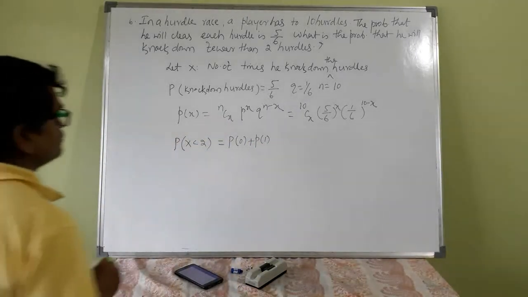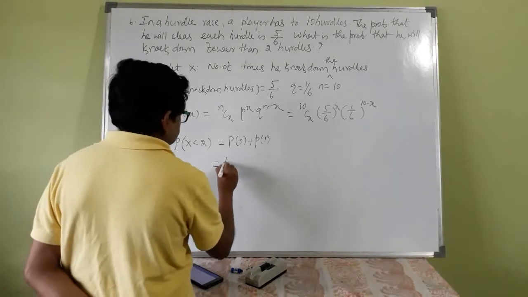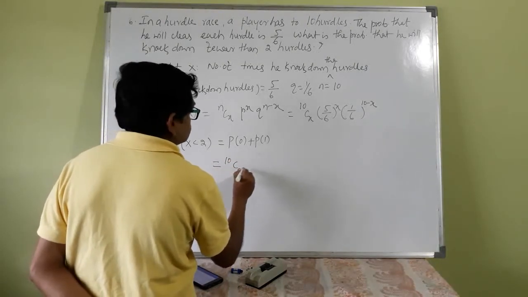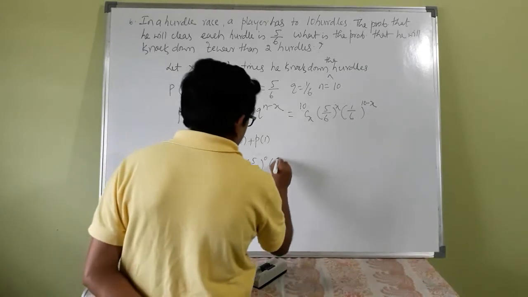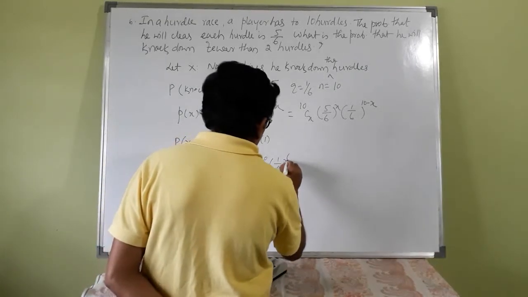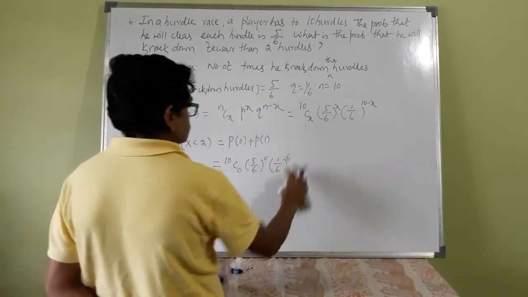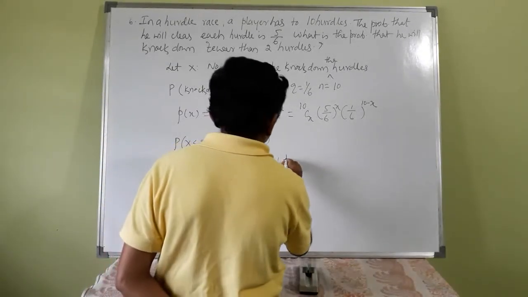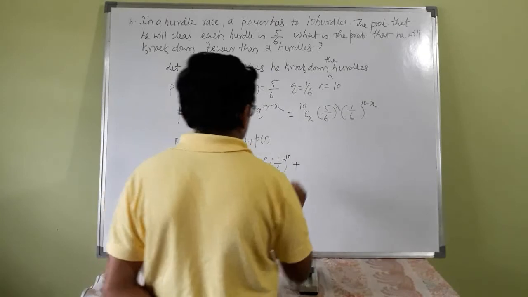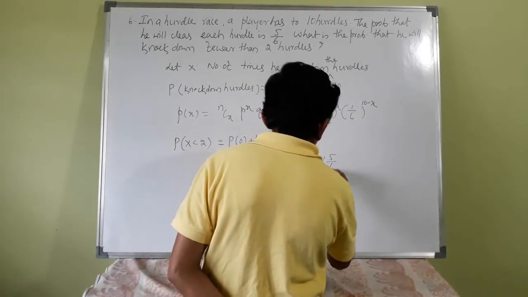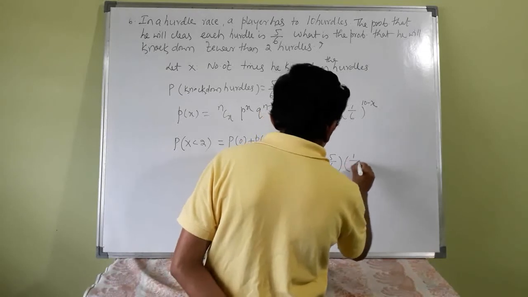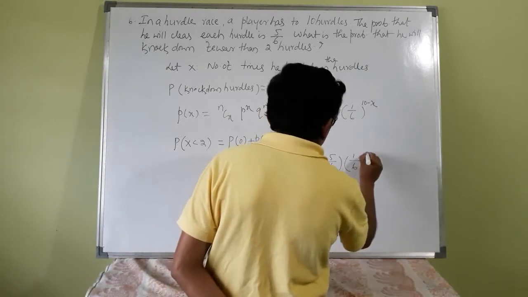So 10C0 5 by 6 raised to 0 1 by 6 raised to 10 minus 0, plus 10C1 5 by 6 raised to 1 1 by 6 raised to 9.